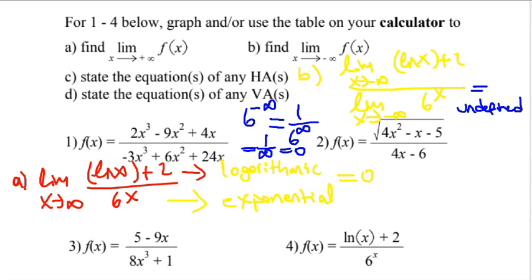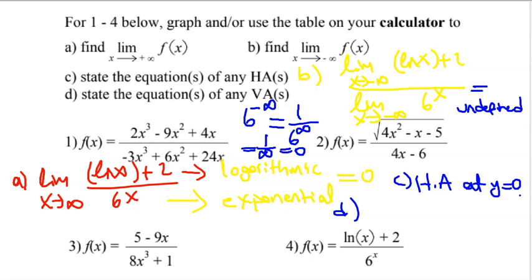So for part B, the limit as x approaches negative infinity ends up undefined. Part C, this function has a horizontal asymptote at y equals 0 because of the first limit.